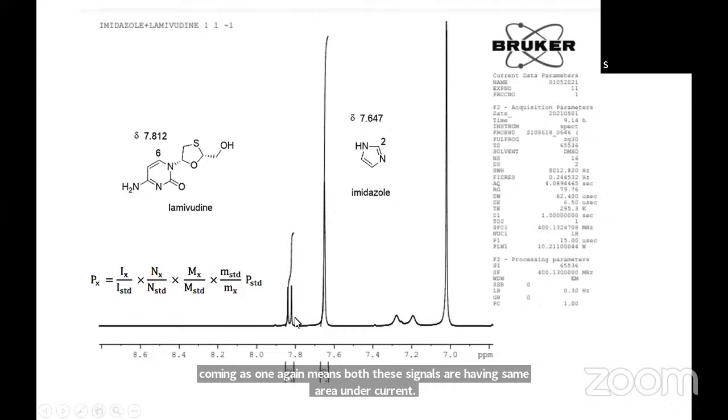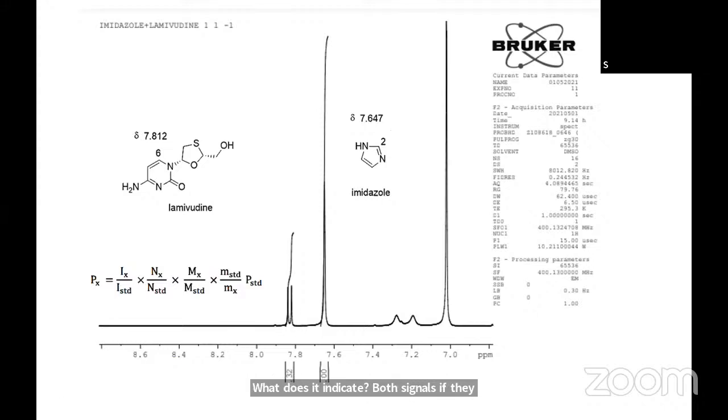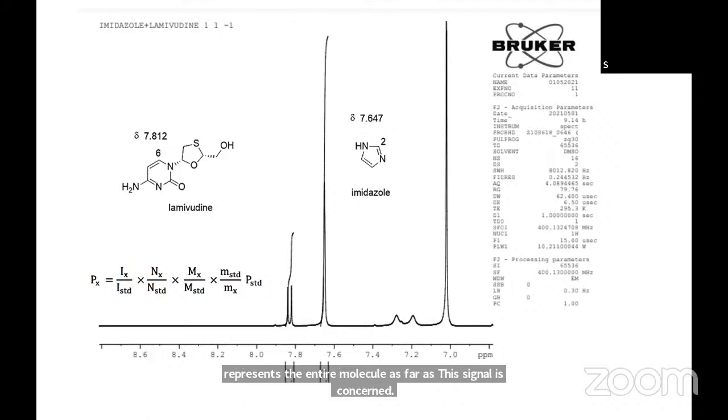What does it indicate? Both signals, if they are same as far as area under curve is concerned, both shall be present in the sample in the same concentration, because area under curve directly is connected to molar presence of a particular proton. Okay, because we are having here one proton. This proton represents the entire molecule as far as this signal is concerned. Okay, it is as simple as that.